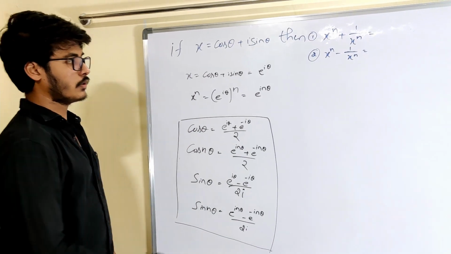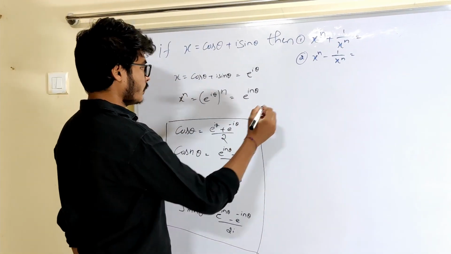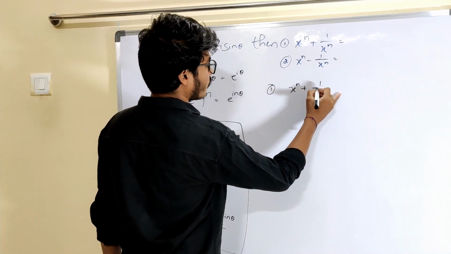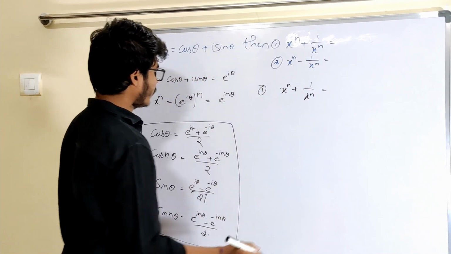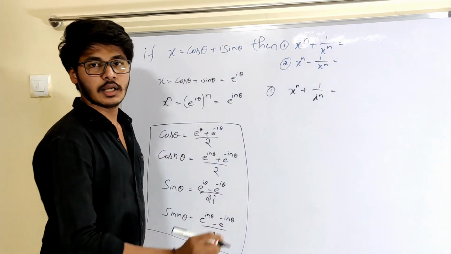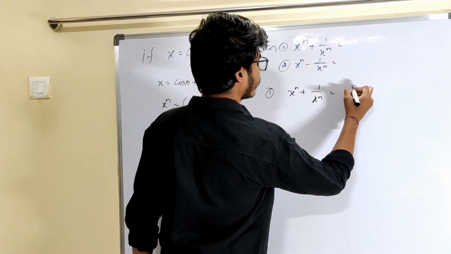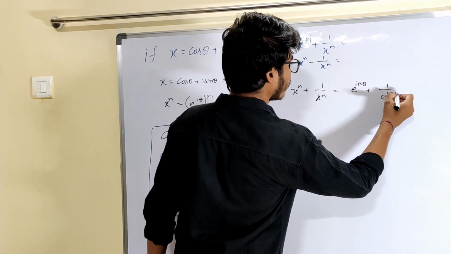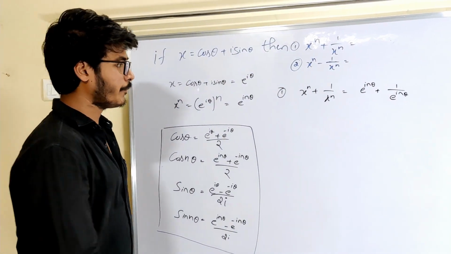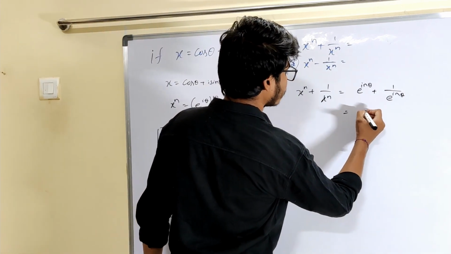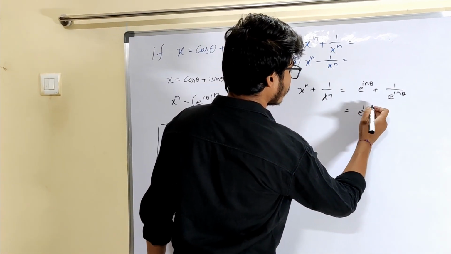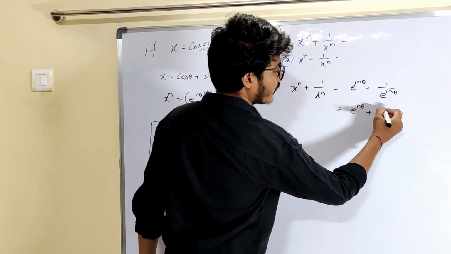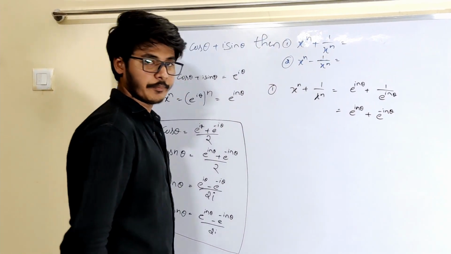So here the question given is x power n plus 1 by x power n is equal to, here x power n is e power i n theta plus 1 by e power i n theta, and we can write this as e power i n theta plus e power minus i n theta.